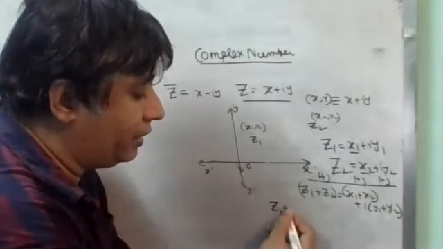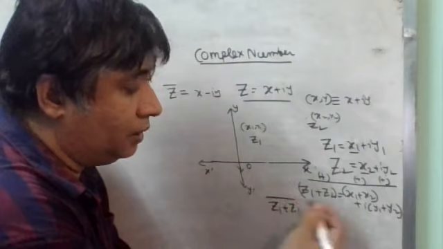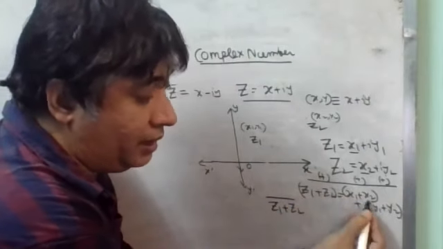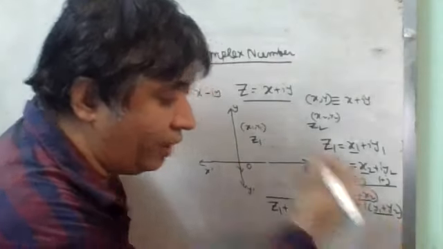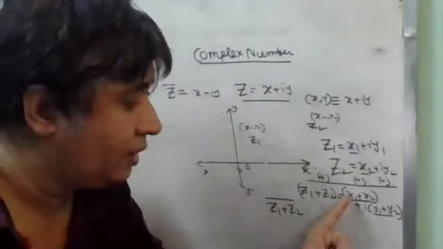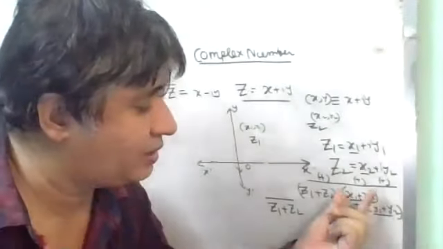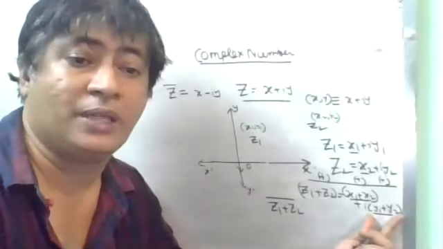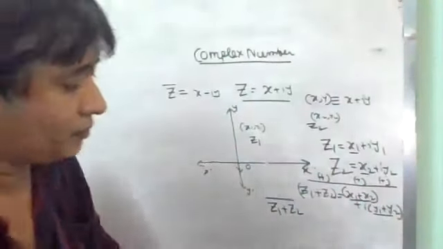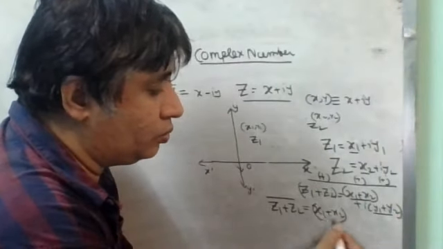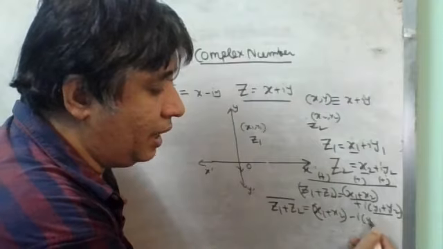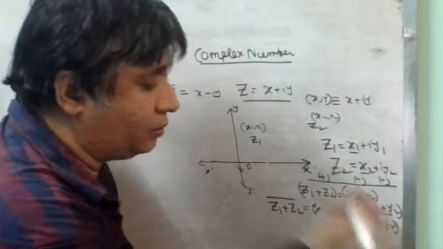So if you take its conjugate, x1 plus x2 is one component, y1 plus y2 is another component. Means x1 plus x2 is considered as x and y1 plus y2 will be considered as y. So x1 plus x2 minus i into y1 plus y2.